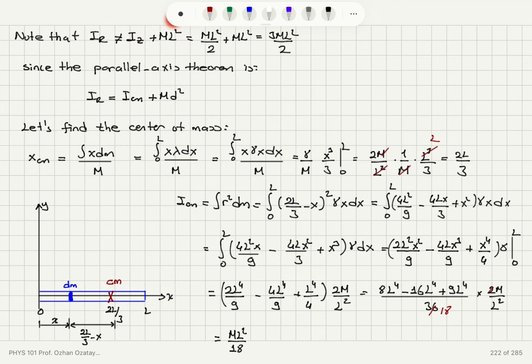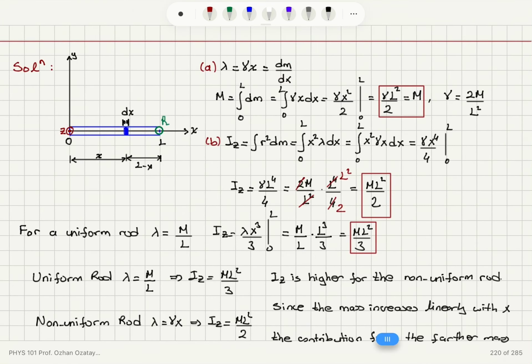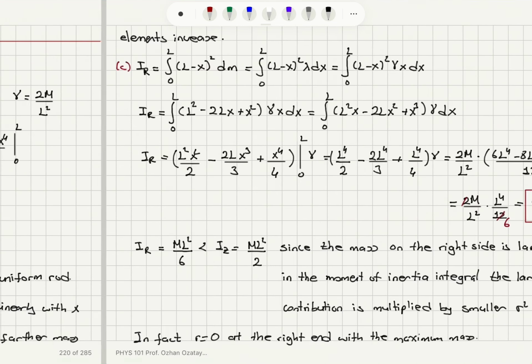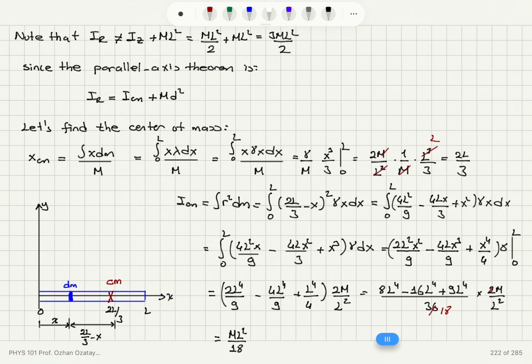And finally I note that I cannot calculate the moment of inertia for the right end by taking the left end and adding to it mL squared, where L is the distance between the two parallel rotation axes. The proper use of the parallel axis theorem is I center of mass plus md squared. I can locate the center of mass as the integral of x dm over the total mass, which gives me 2L over 3 for the center of mass location.